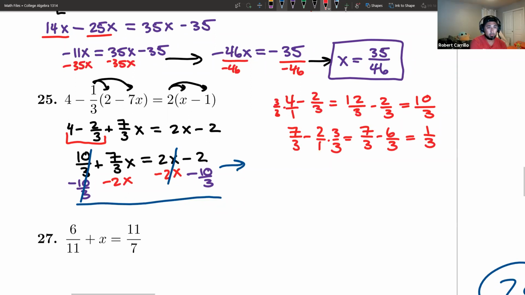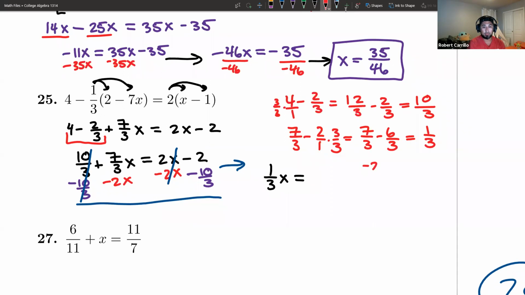So that's what we're going to start out with. We will have on the left side 1/3 x equal to, now on the right side, you have -2 minus 10/3.